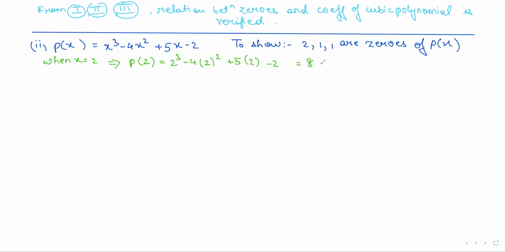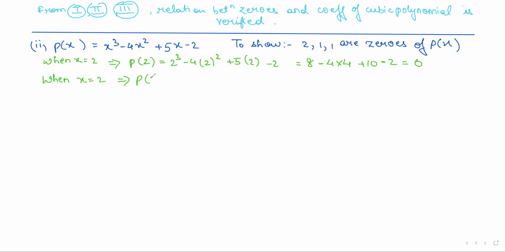Solving this, you get 8 minus 4 into 4 plus 10 minus 2. So 8 minus 16 plus 10 minus 2, which is 8 minus 8, which is 0. So you got P of 2 is 0 when x is equal to 2.